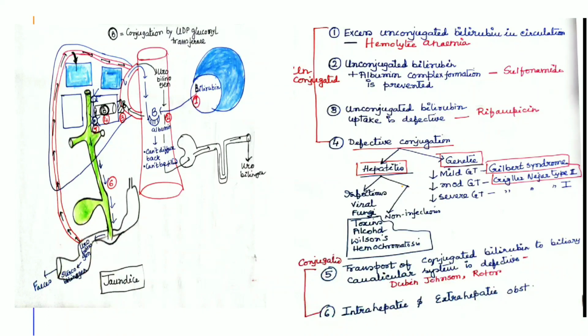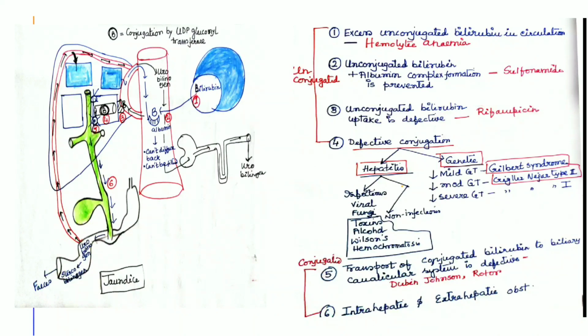But one point is important, hepatitis not only causes a rise in unconjugated bilirubin, it will also cause some rise in the conjugated bilirubin as well. Why? Because the inflammation of the hepatocyte prevents the release of this conjugated bilirubin into the bile duct.